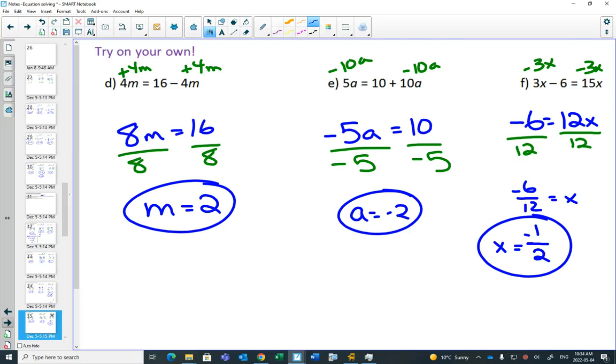Test tomorrow is linear relations, which is all those pattern things and finding the equation and drawing graphs and interpolation and extrapolation. That's what your test is on tomorrow. Or it might ask you the point that you found, was it interpolation or was it extrapolation?